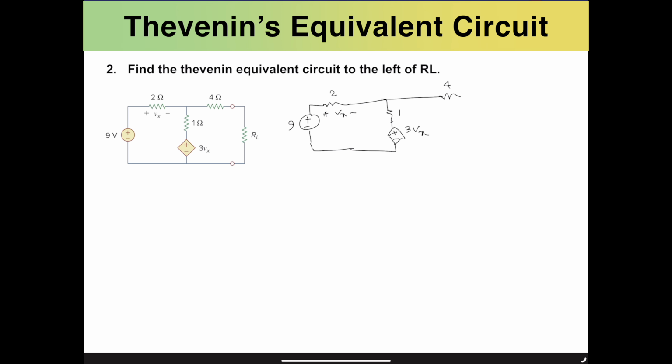And we have this 4 ohms. Other than that, we don't have anything across this end where we would like to find the V open circuit, which is the V Thevenin of the equivalent circuit.